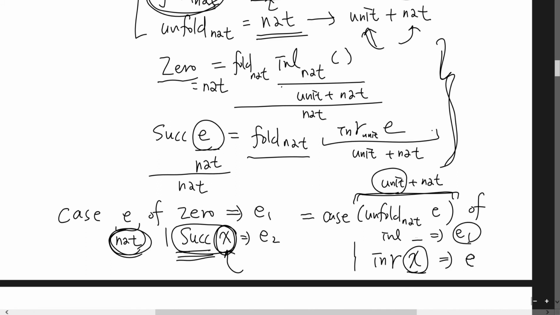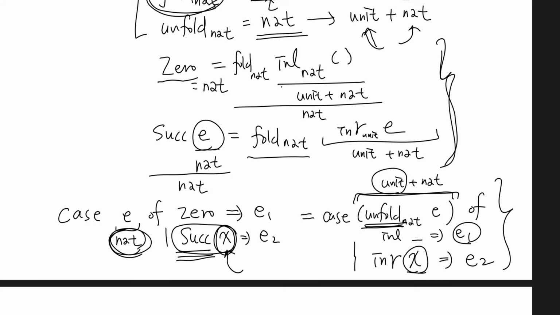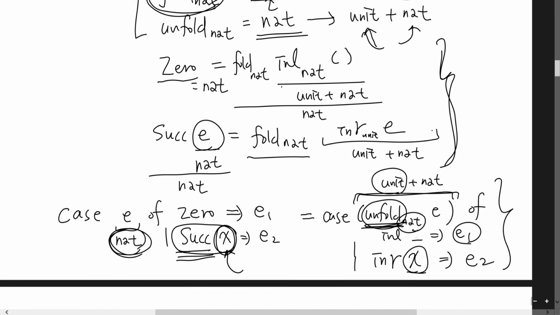And then we evaluate the expression E2. Once you apply this unfold function, it's just an ordinary instance of case analysis on some type. The only difference is you have to first apply this unfold function to turn this recursive type NAT into this sum type.